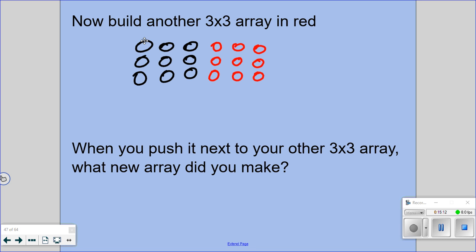Let's try that again. I had 3 by 3, which either you or your partner have on your list. Yeah, we made a 6 by 3. We did 3 groups of 3 plus another 3 groups of 3. And when we did that, we ended up with 6 groups of 3.